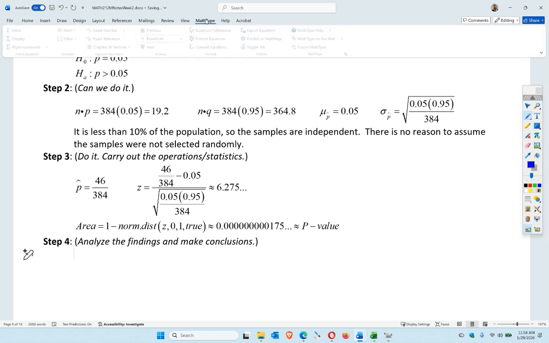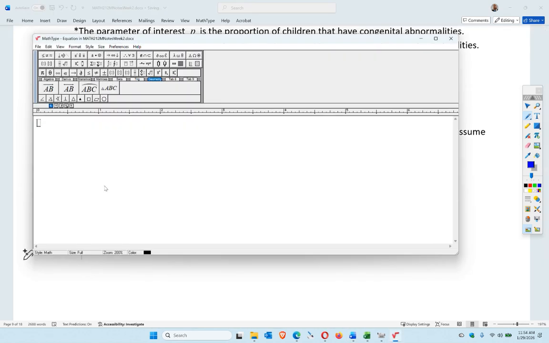So basically, the p-value is less than the alpha, which we're going to set as 0.05 because it wasn't specified, so we're going to reject the null hypothesis.